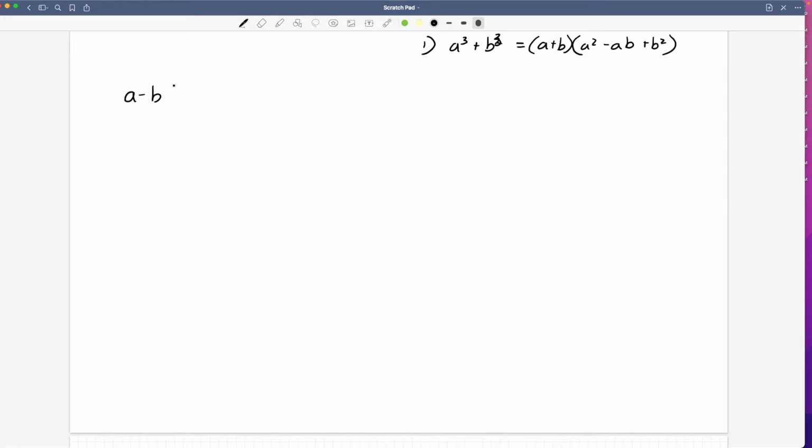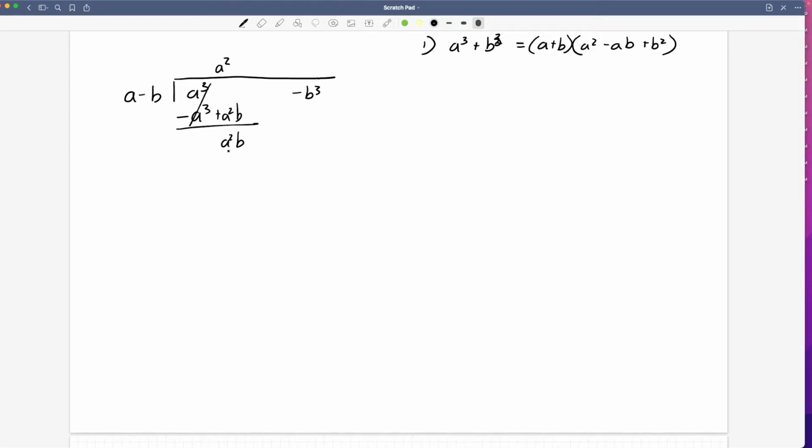So a minus b, we're using that to divide. Let's do a cubed minus b cubed. So a into a cubed is going to give us a squared. A squared times a is a cubed. A squared times negative b is a negative a squared b. Change the sign, cancels.